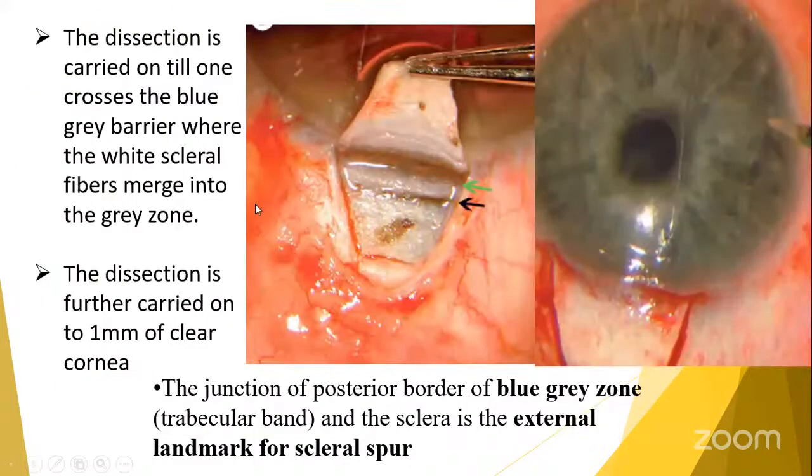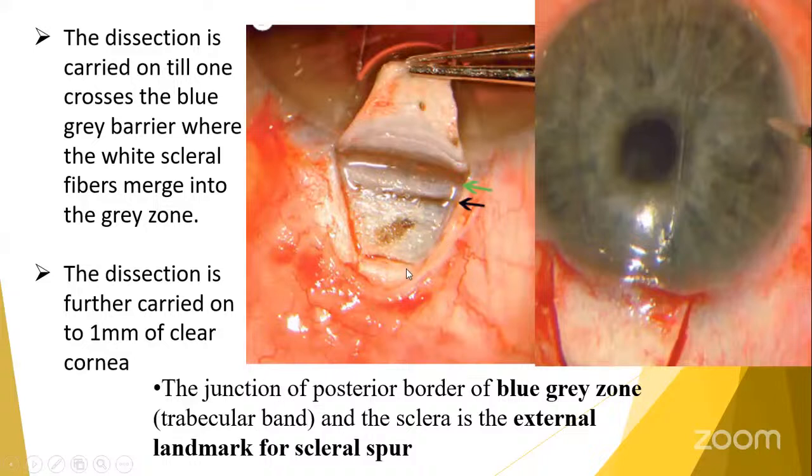The dissection, after you have constructed this, you've done your incisions, you pick up one point in an attempt to raise a flap. You can use a toothed, but a non-traumatic toothed forceps. You can even use your Colibri.